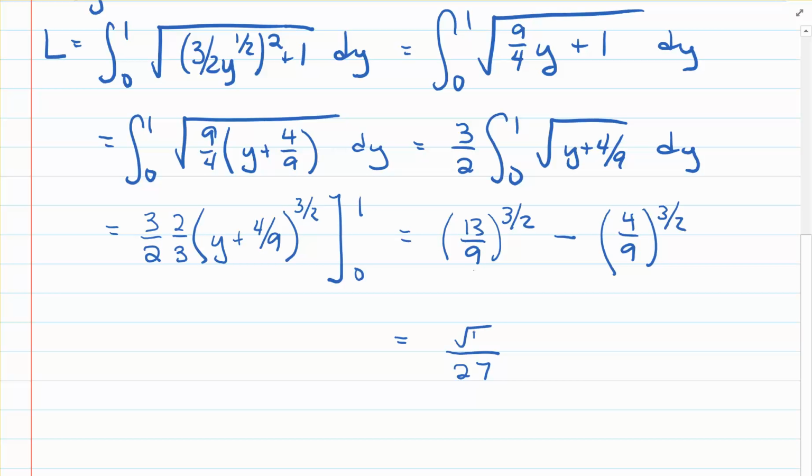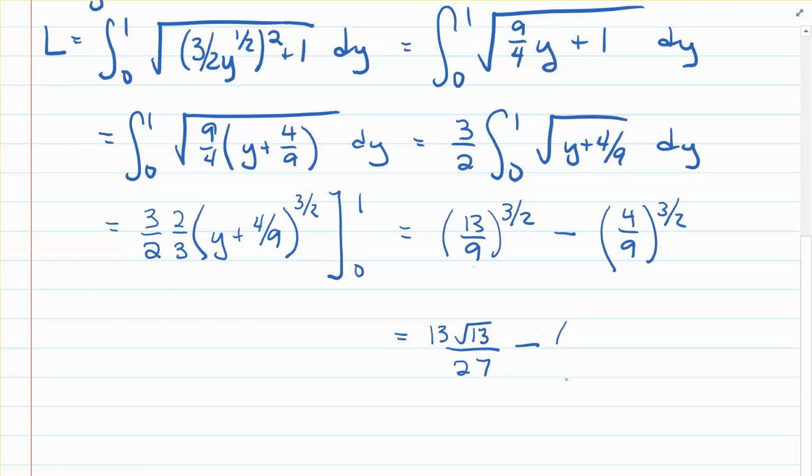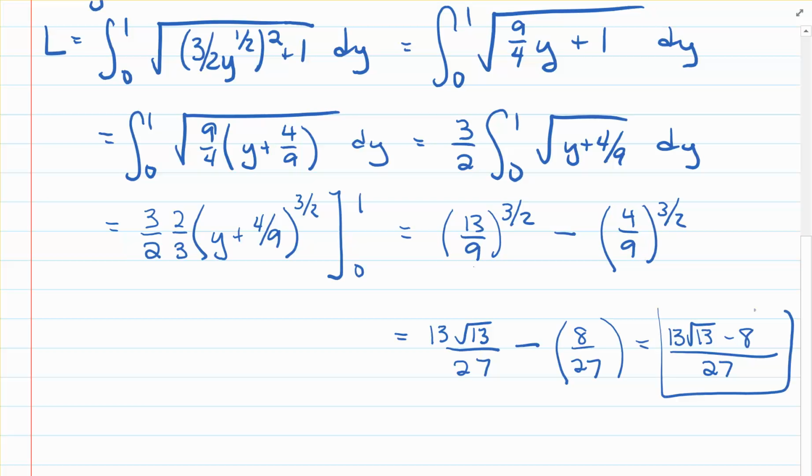So if I had the square root of 13 cubed, that gives me 13 root 13. And over here, the 27 on the bottom again, and then the square root of 4 is 2, 2 cubed is 8. And so I can combine these a little bit, and if you had the back of the book's answer in mind, it has it in this format. Okay, so that would be my final answer.